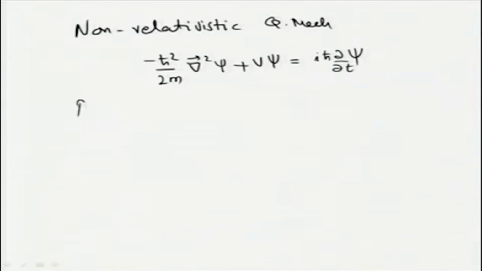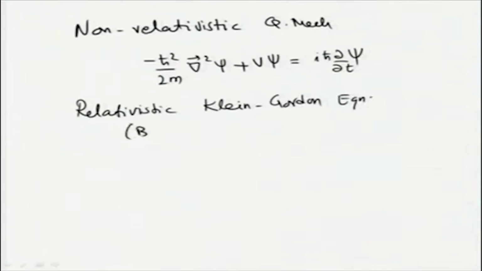So, for the relativistic case, we had discussed what is called the Klein-Gordon equation. This is basically based on the energy momentum relation E square is equal to P square plus m square, where we are now working in units of h cross equal to 1, which is also equal to c.